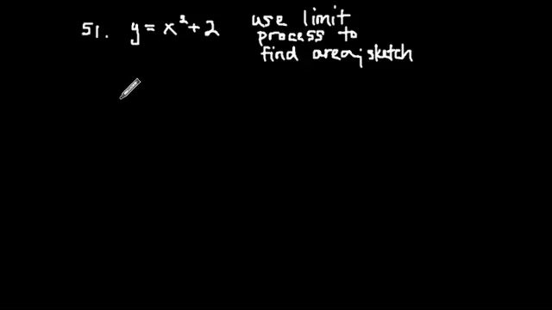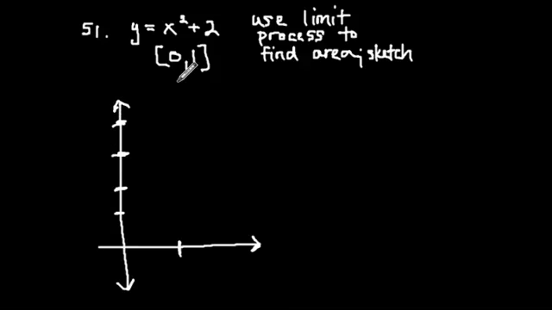So I'm going to first sketch the graph so that we have a visual of what we're doing here. This is a quadratic, and the interval that they specify is from 0 to 1. So I'm going to go ahead and sketch this. This is a parabola, being that it is a quadratic. It's a quadratic that's been shifted up 2.